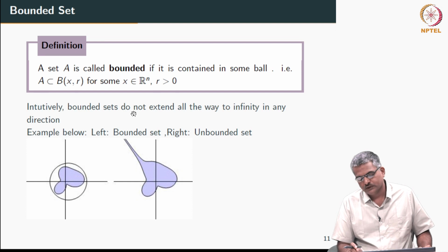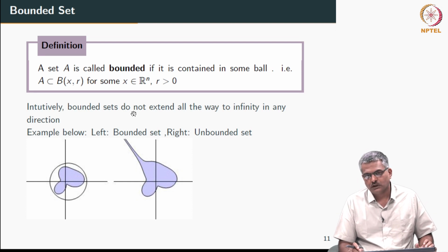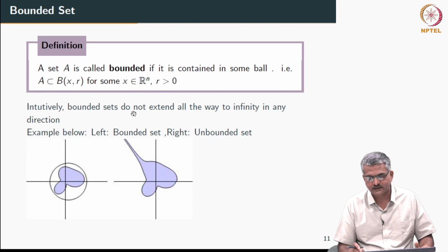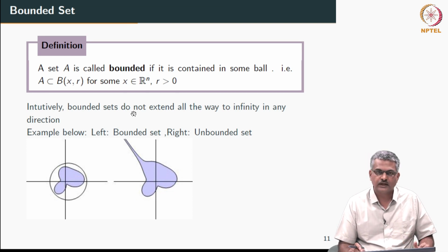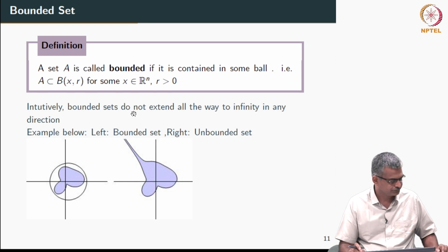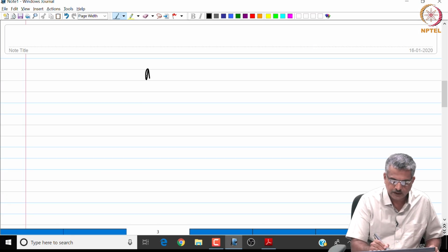Once you have the notion of a closed set and the notion of boundedness, one can define what is known as a compact set. But before we go there, we need another notion called the limit point of a set. Again A is a subset of Rn.